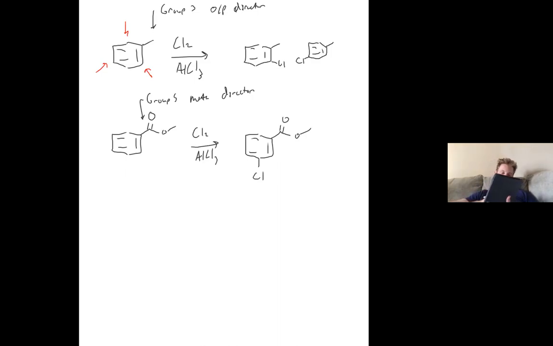If we have a combination like so, we would assess this, and basically your lowest group is going to trump. So we have an OH here, this is group 1.